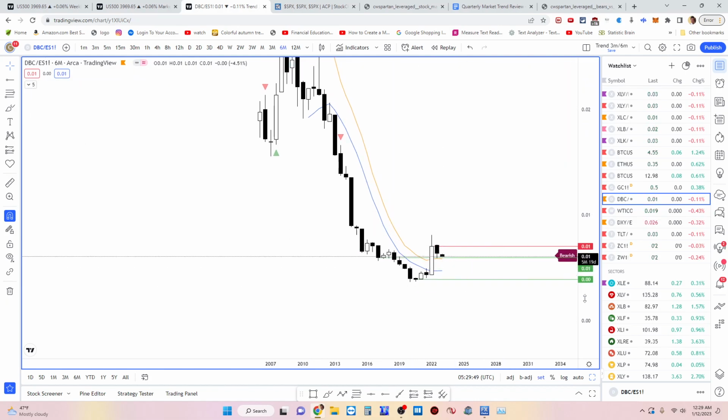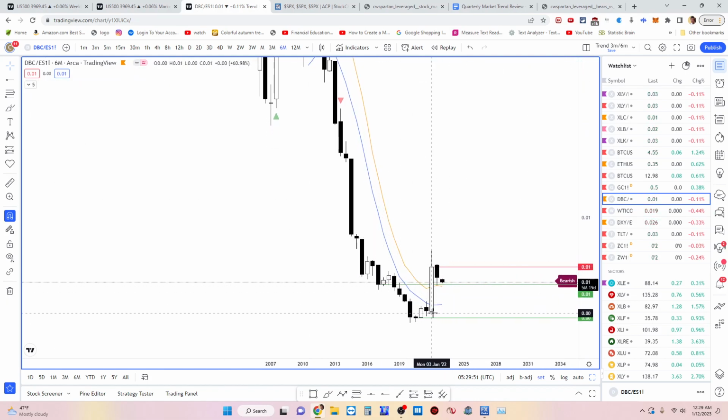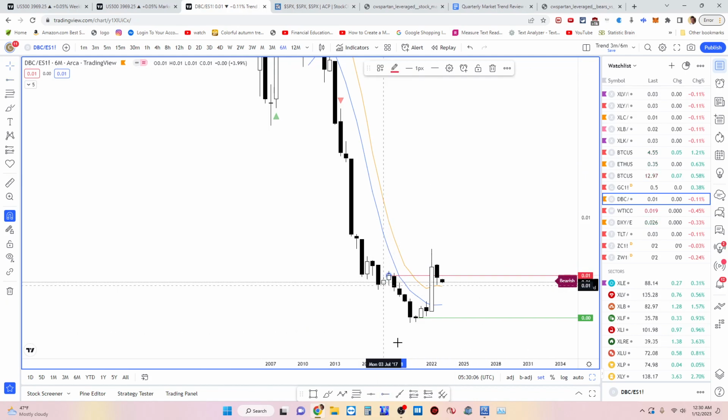We had a strong 6-month close above the moving average channel 10 period high and low. We closed above resistance on the 6-month. Resistance was here, and due to this 6-month candle close, now it's time to retest.